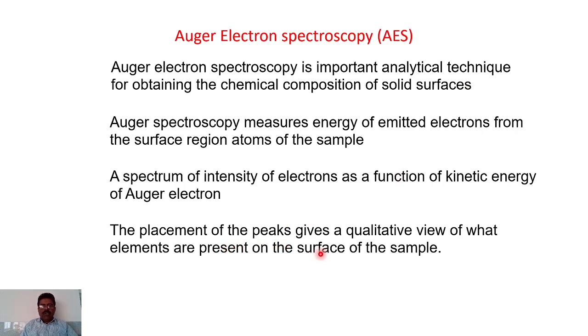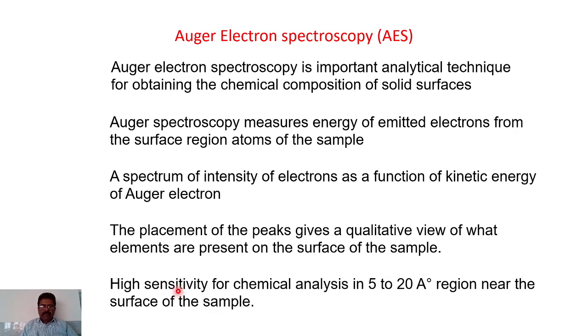The placement of the peaks gives only a qualitative view. Qualitative means to know what type of atoms are present, not exactly how many atoms or what is the proportion of different atoms. That cannot be identified here. Only what type of atoms are present in a given solid surface, that one can understand here. So different elements present on the surface of the sample can be identified.